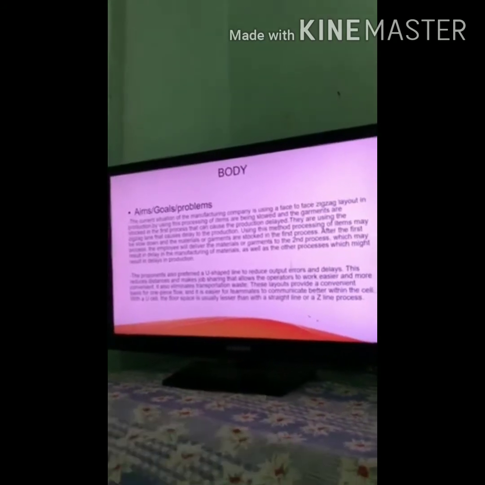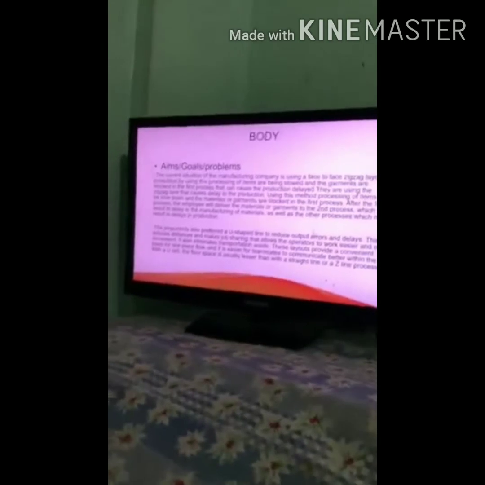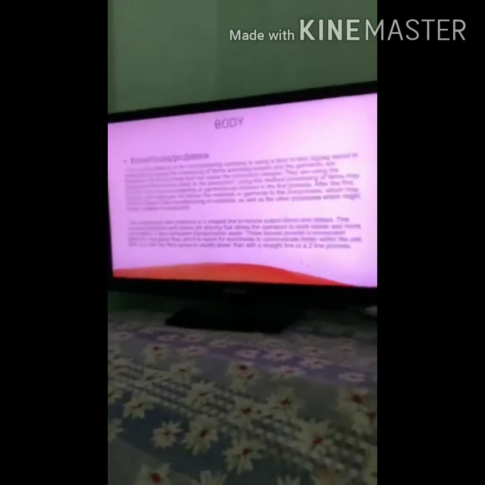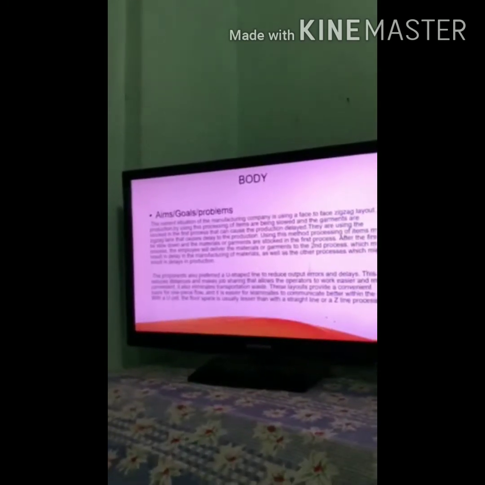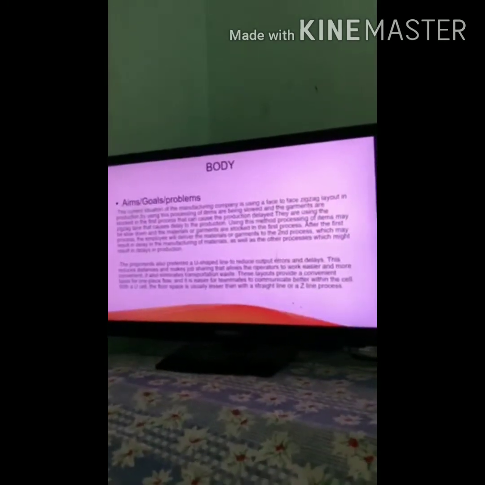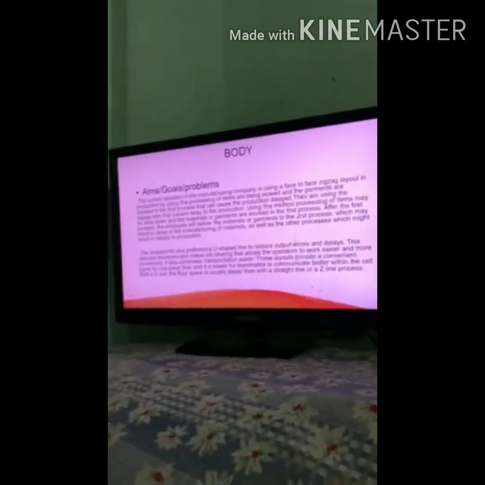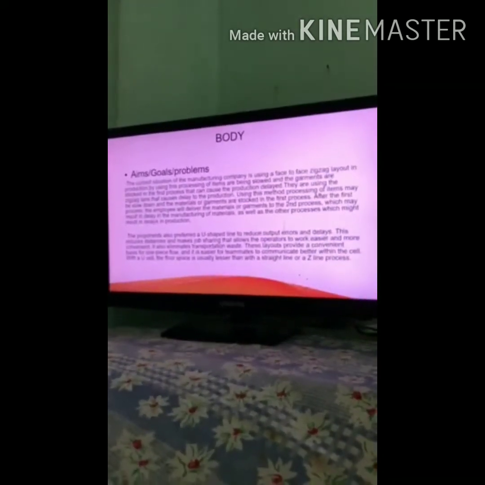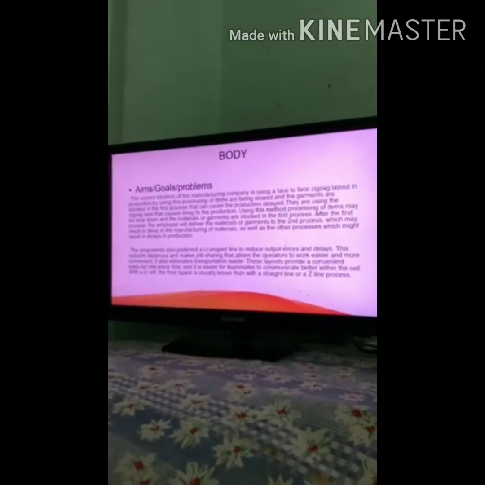So the proponents also preferred a U-shaped line to reduce output errors and delays. This reduces distances and makes job sharing possible, which allows the operators to work more easily and conveniently.